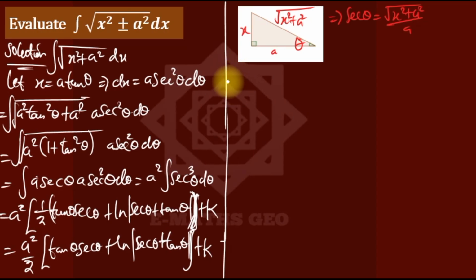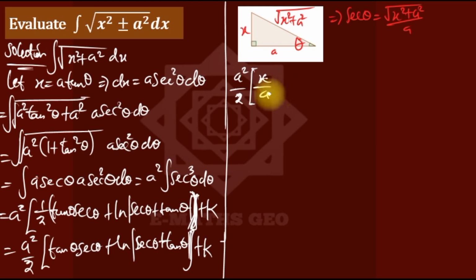So we'll have a squared over 2. Tan theta is x over a, so let's replace tan theta with x over a.